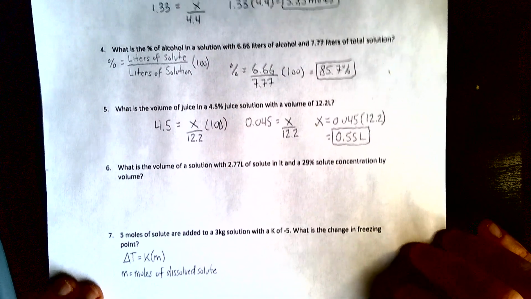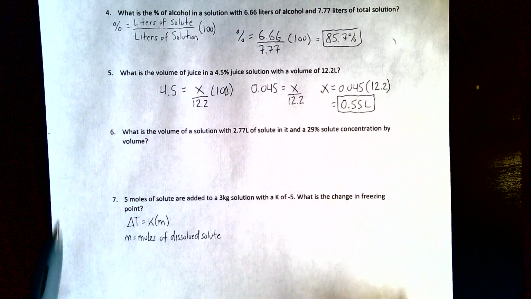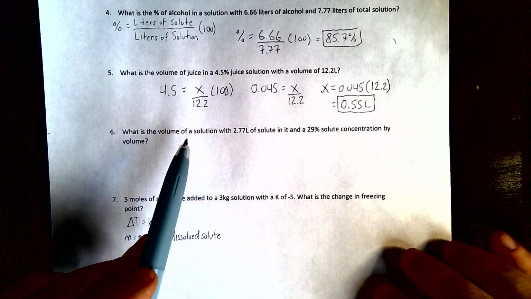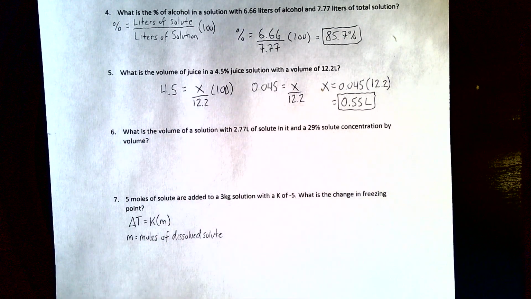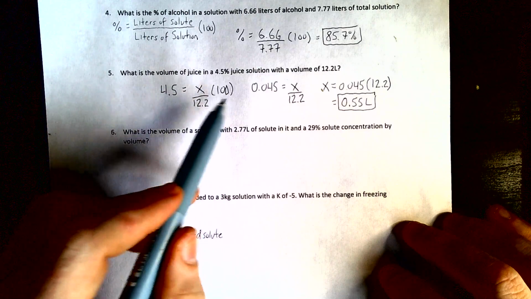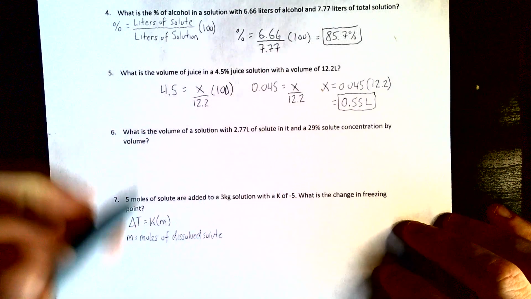Next problem. Here we're going to solve for the volume of the total solution, knowing the solute and the percent. And since we know we're going to have to get rid of this 100 anyway, I'm just going to start the problem by writing 29% as a decimal.